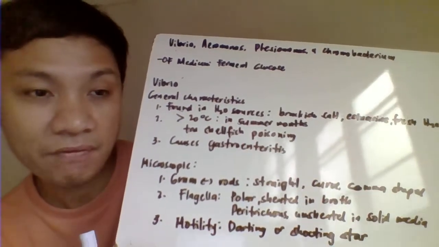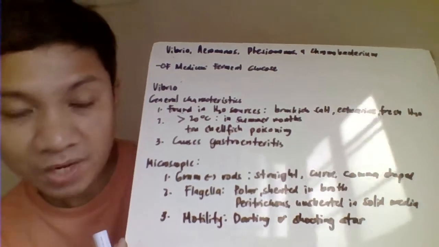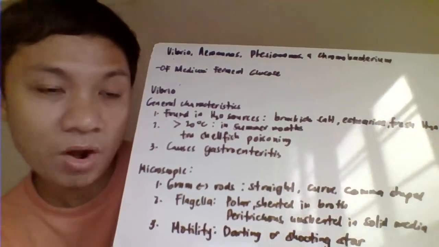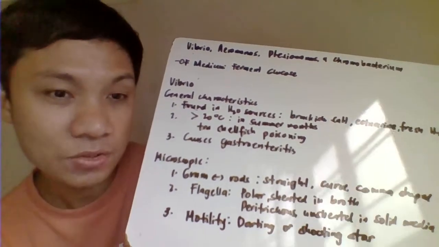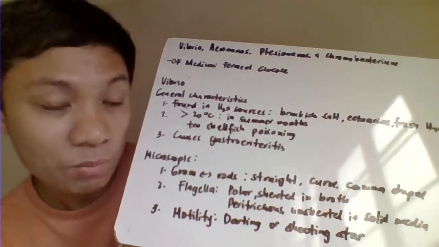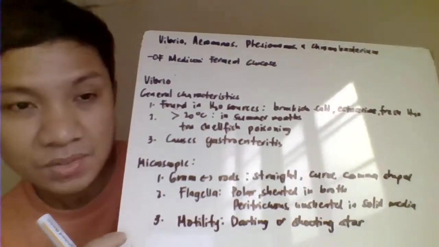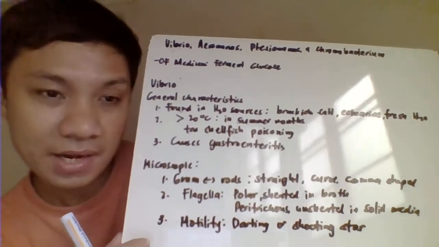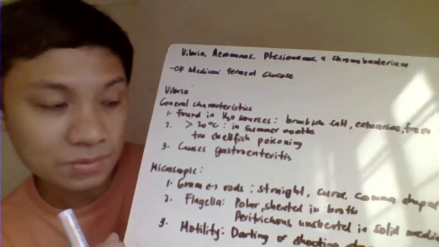They thrive primarily at temperatures above 20 degrees Celsius, so Vibrio poisoning is very common in summer. Most likely they cause gastroenteritis, diarrhea, vomiting, and food poisoning.